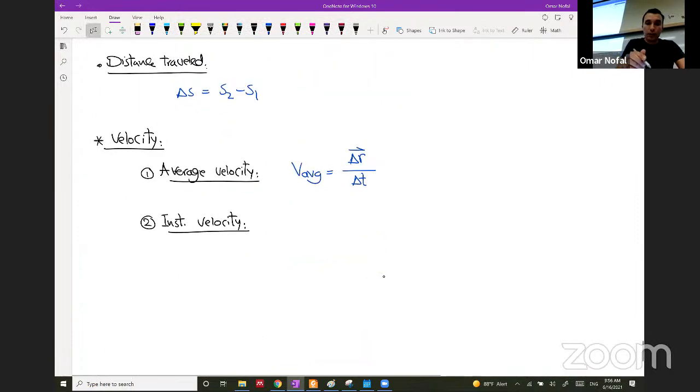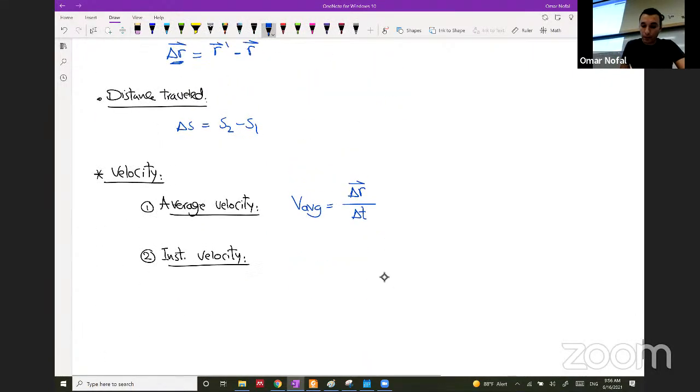So v will be equal to d r vector over dt. Or, as we learned last time, we can write it as r dot. So this is how we define our instantaneous velocity. It's the time rate of change of the position, or the derivative of the position vector.